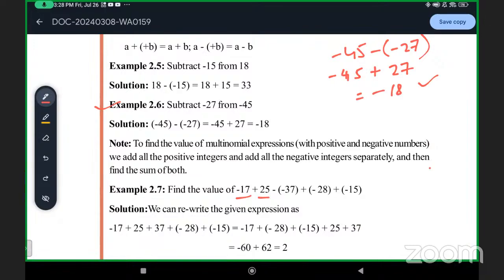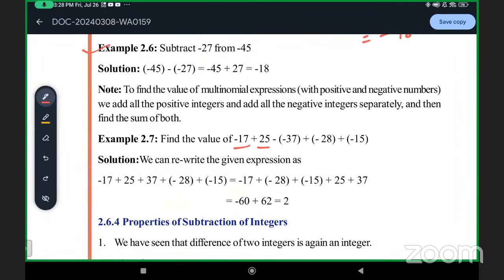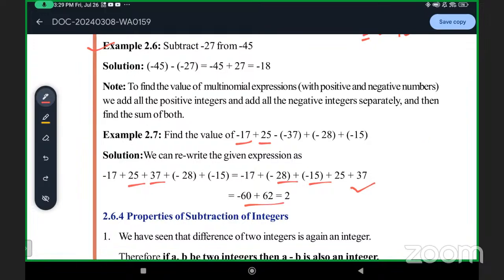So what we can do? We can add all the positive ones together and the negative ones separately, and then find the sum of both to find your answer.